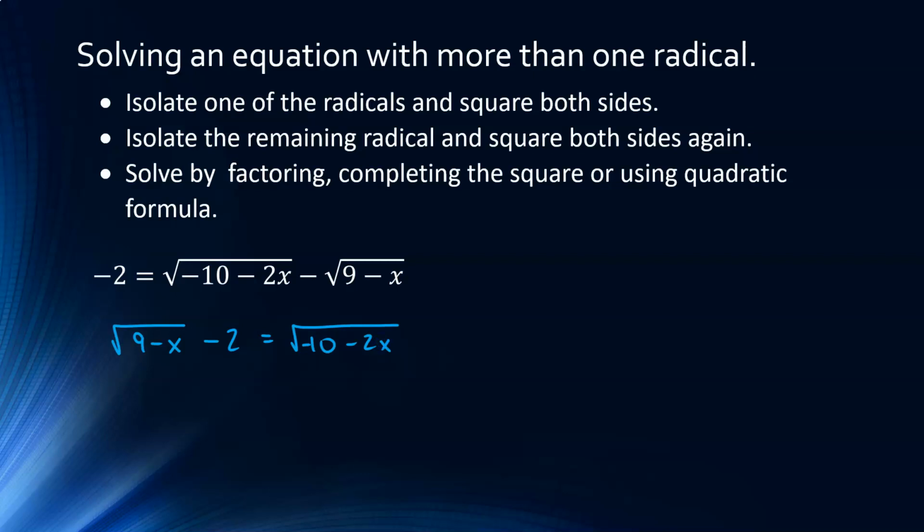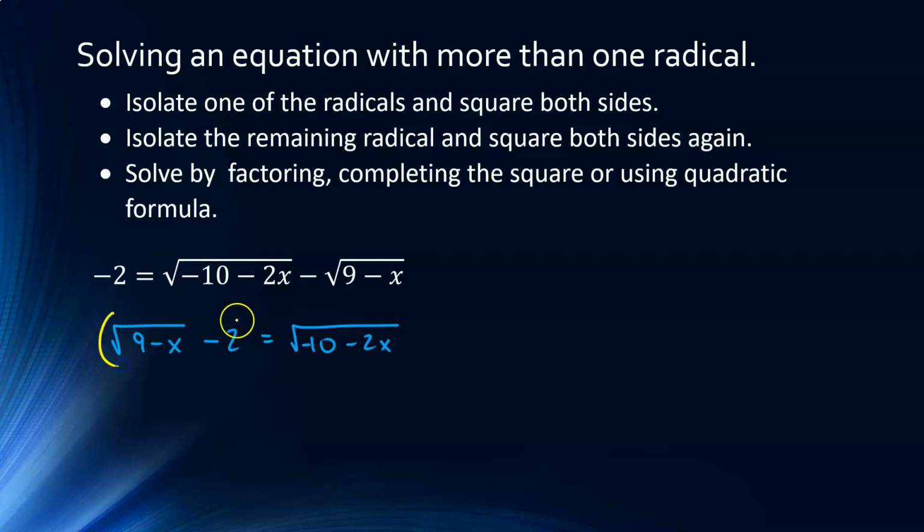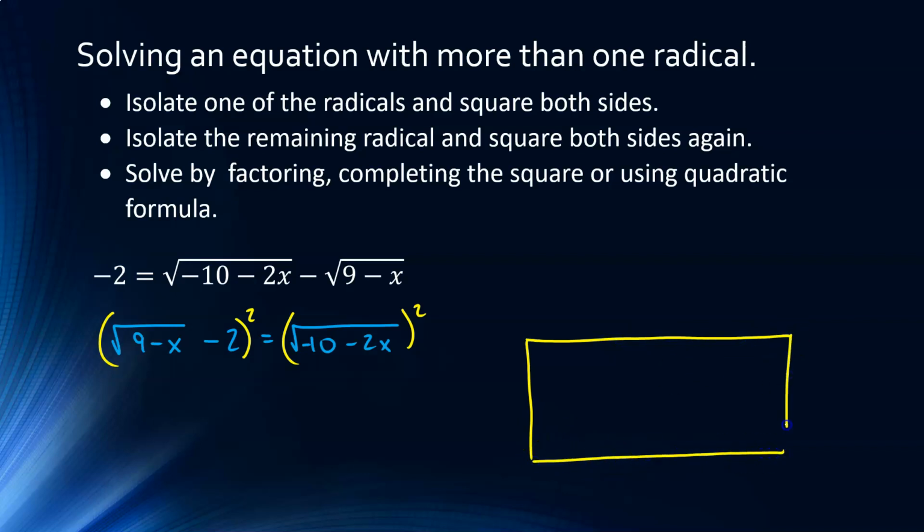Okay, so this is where we're going to square both sides. Now when I square the right side, that's just going to get rid of the radical. But on the left side, I have this that I have to do. And I'm making this a large box for a reason, so do the same.